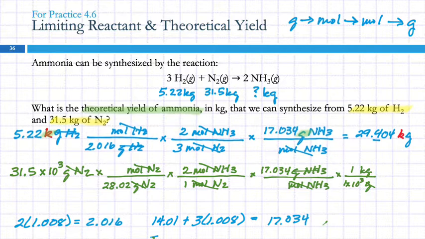That's not proper scientific notation, but your calculator doesn't care. Divide by 28.02 times 2 times 17.034. And then I'm going to divide by 10 to the 3. So this is going to give me 38.299 kilograms.